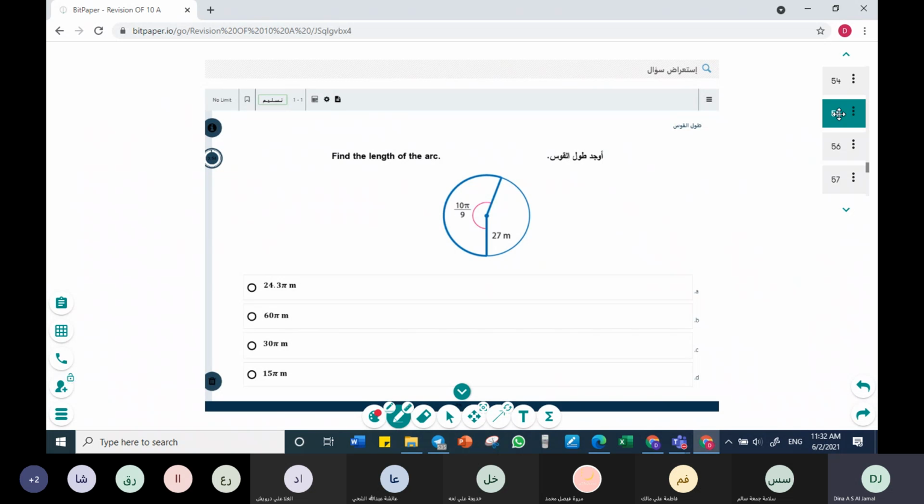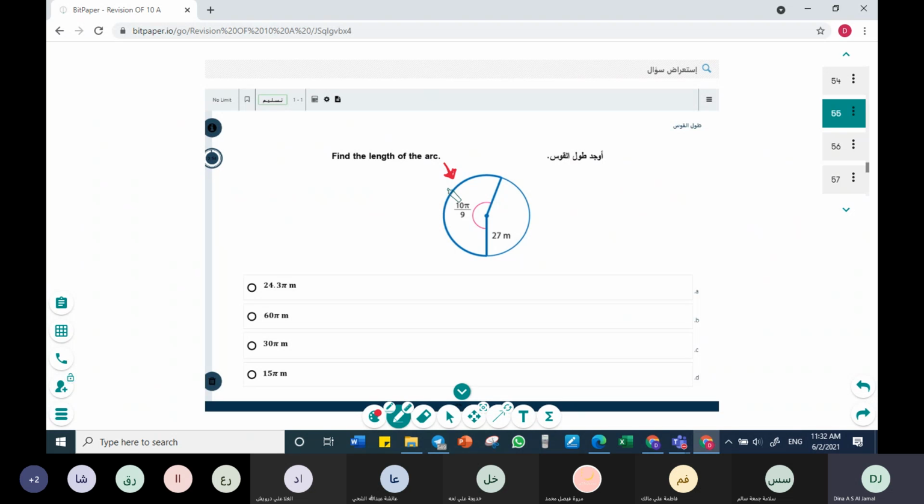Find the length of the arc. I remember that one of the groups had this question exactly as it is. It was from the check understanding questions, I think, at the end of chapter 10, lesson 9.